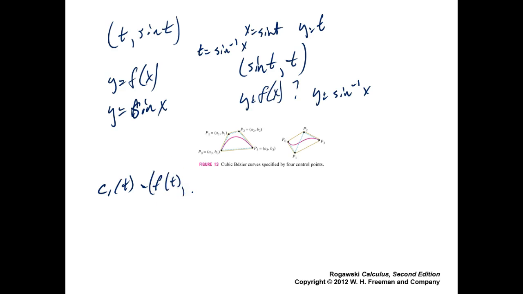It walks along in abstract functions. Where f of t is an increasing function. So describe the path of an ant crawling along a plane according to C of t equal to f of t, f of t, where f is an increasing function.